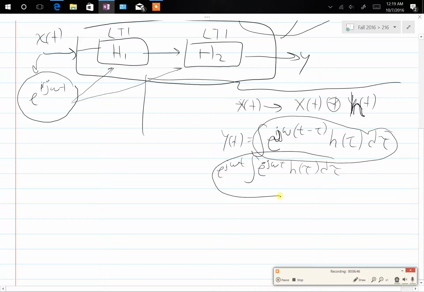So what I have proven is that I can separate the time dependence of the output from what you can refer to as a constant with respect to time, or also with respect to the system. And this is namely equal to the transfer function, which is written in terms of j omega.